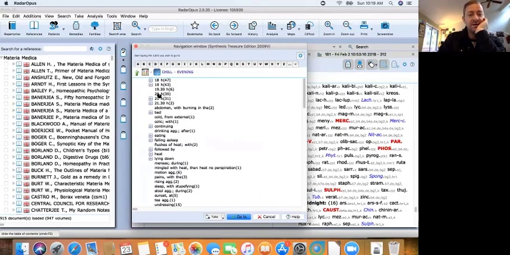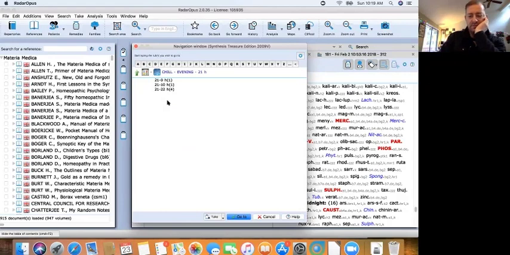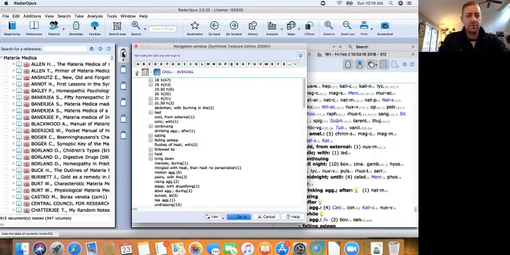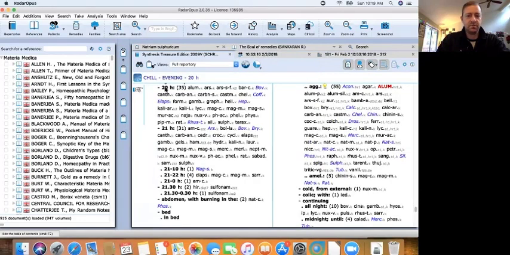What we could do is grab the 20 and the 21, put them in and combine them. Grab 19 and a half. There's 21 to 22. See, those are smaller rubrics. 21, and we'll go back to the 20. Put that one in there.